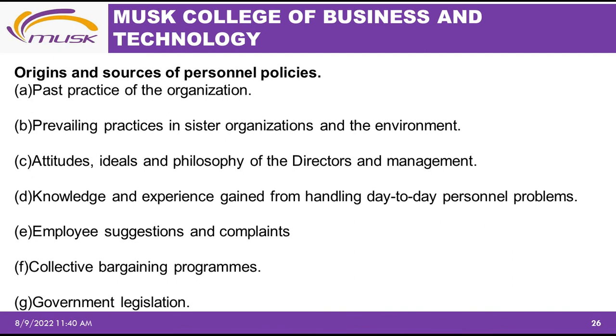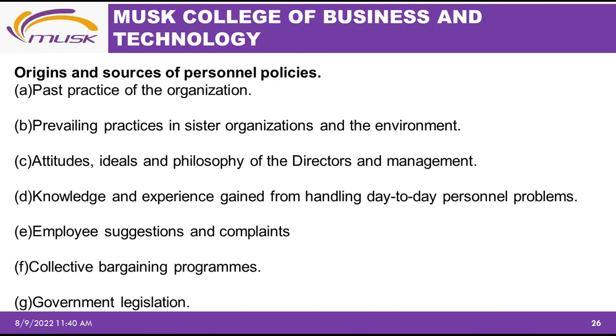Another source of human resource policies is the attitudes, ideals, and philosophy of the directors or the managers. So what do the directors believe in, and so on and so forth. Knowledge and experience gained from handling day-to-day personnel problems. Based on experiences, we can have different ways to come up with policies. Employee suggestions and complaints, so employees can give a suggestion.